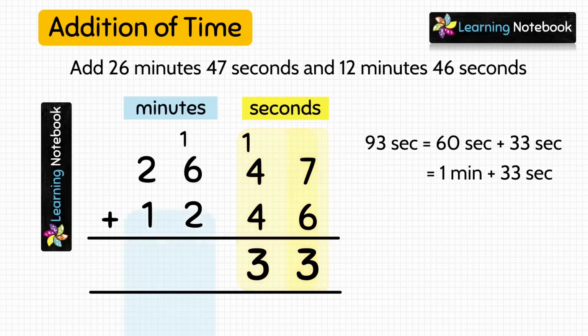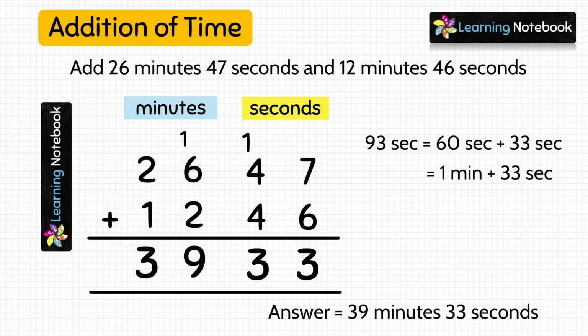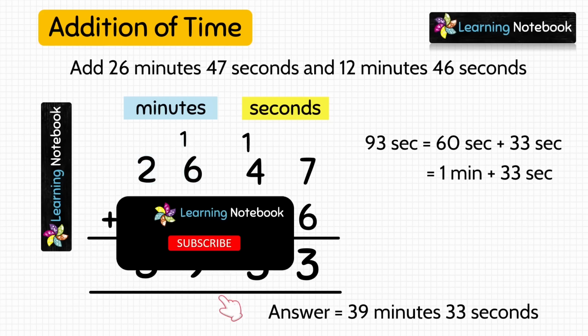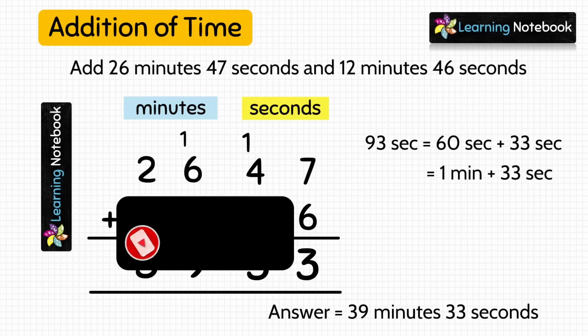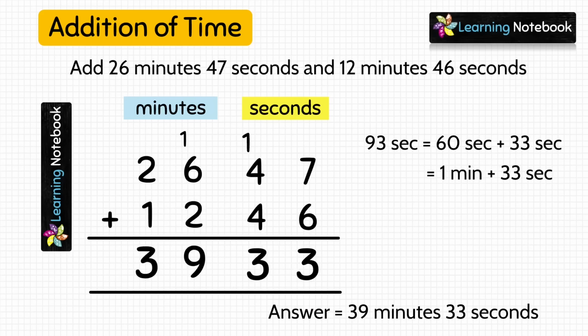Now let's add the minutes column. 1 carry plus 26 plus 12 equals 39. So here the answer is 39 minutes 33 seconds. Now I am sure you have understood how to add time.